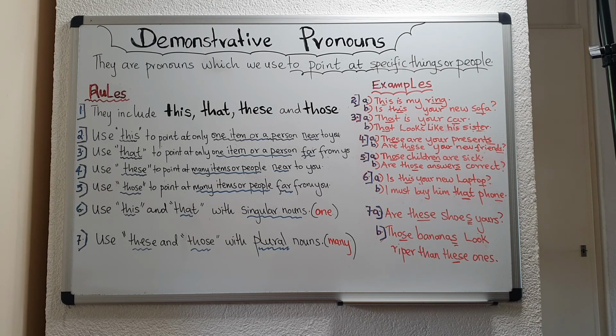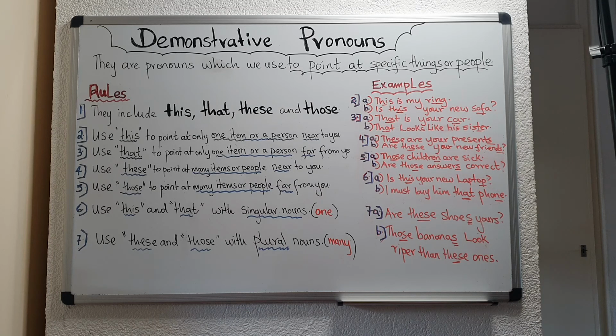They've been placed a little bit further from where you're standing. Then you can point, you can say, those bananas. Which ones? Those ones there. Look, there. So those bananas look riper than these ones. These ones. Which ones? These ones. The ones that are next to where I'm standing. Okay? Those bananas look riper than these ones.